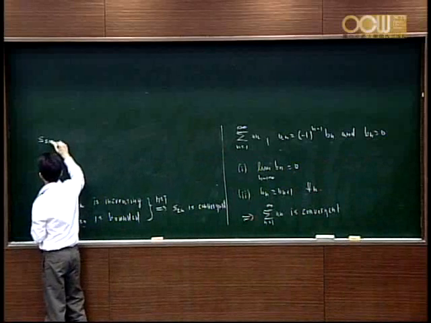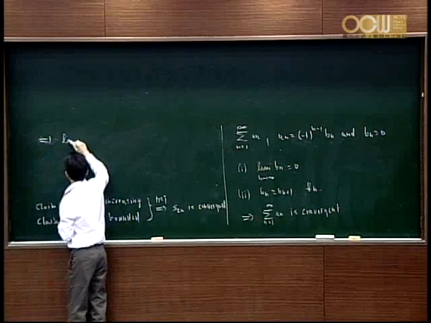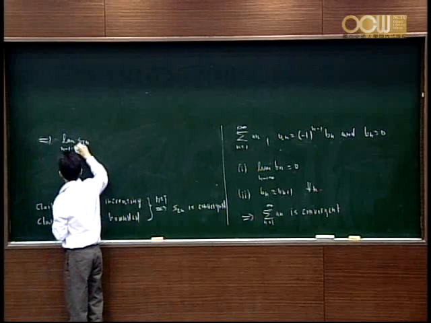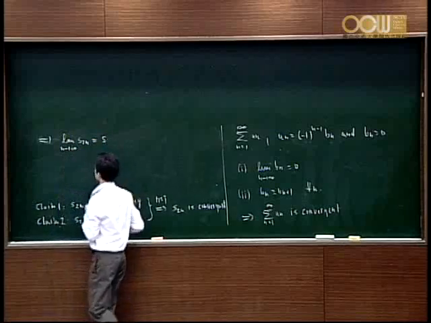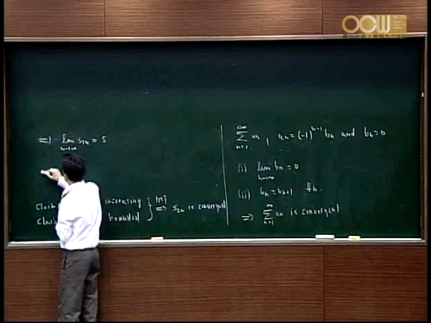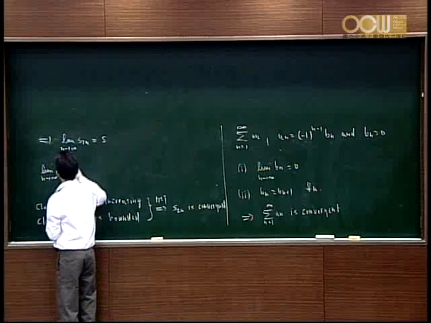We get that the limit of S2n as n tends to infinity exists, and let's say it's equal to S. Now you look at the limit as n tends to infinity of S2n plus 1.